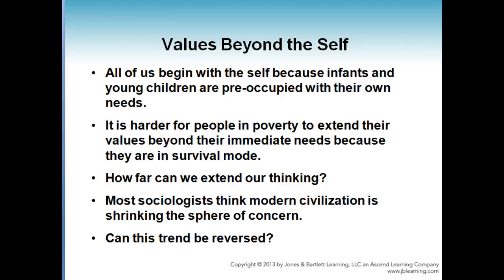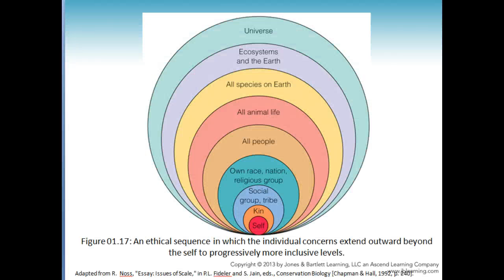An ethical sequence in which the individual's concerns extend outward beyond the self to progressively more inclusive levels is important to the environment. Whether this model is valuable or not shows how sustainability is a social issue and how environmental science is a cross-disciplinary study. So in this model, the self is at the beginning, and then we have these expanding areas of concern.